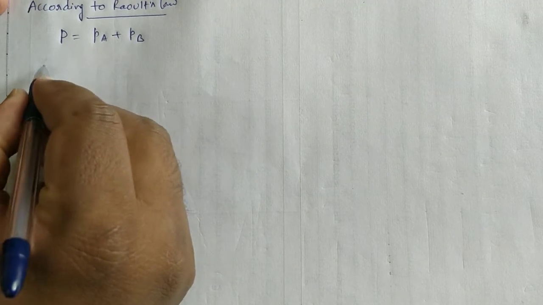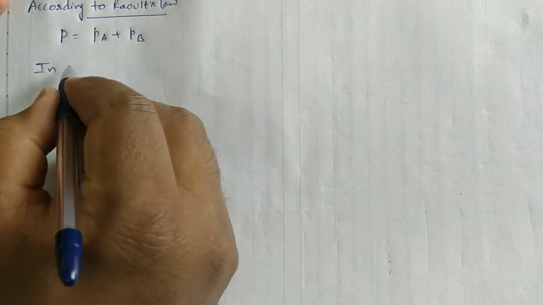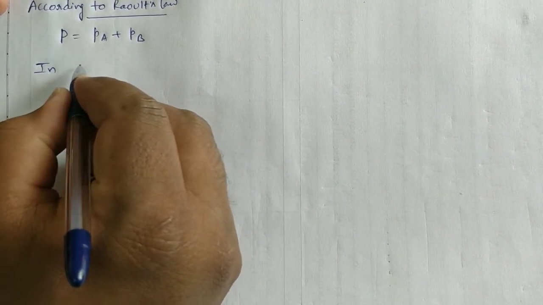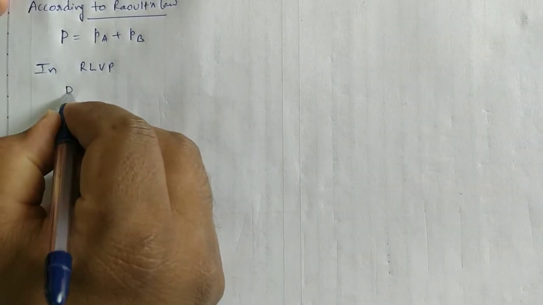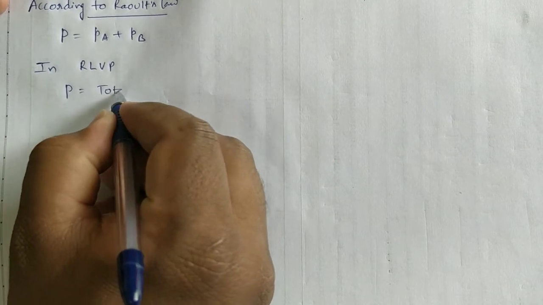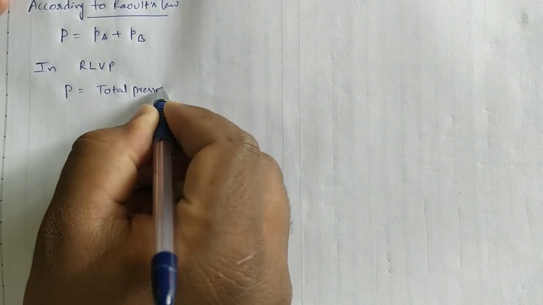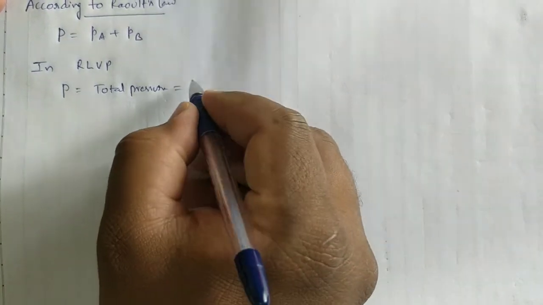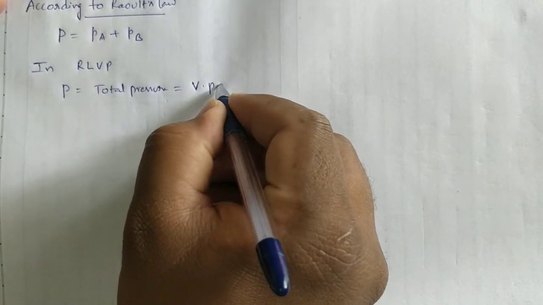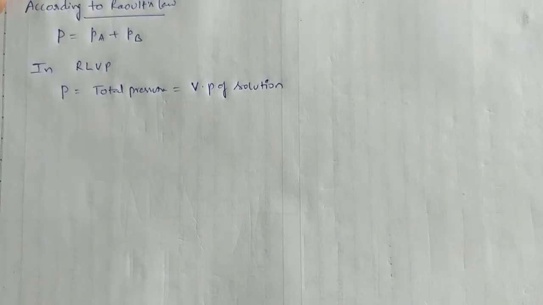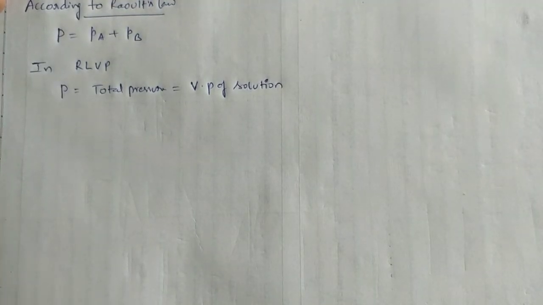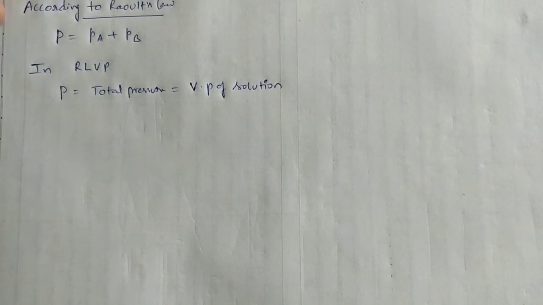Here, in this condition, capital P is equal to the total pressure, which is equal to the vapor pressure of solution only, because here the solute is non-volatile. Is it correct?